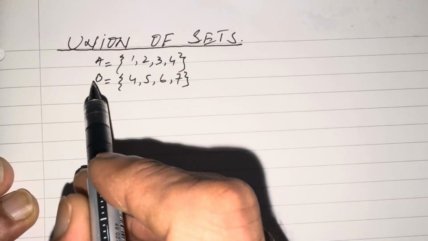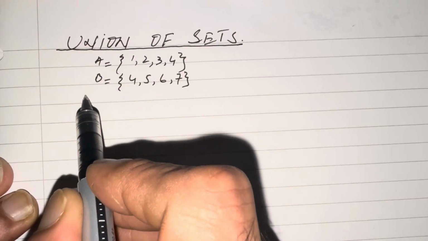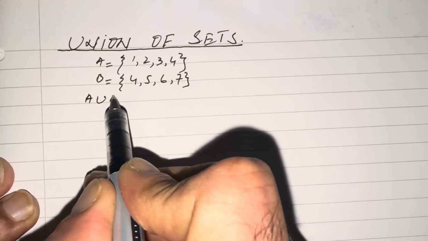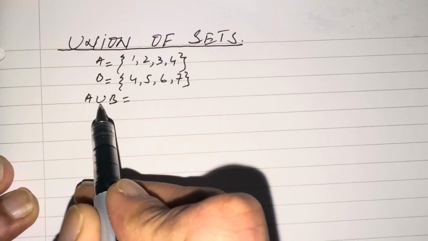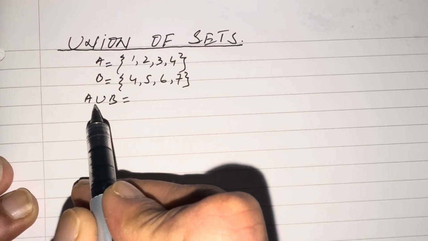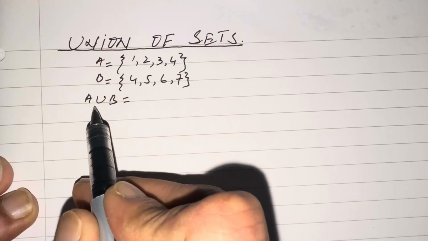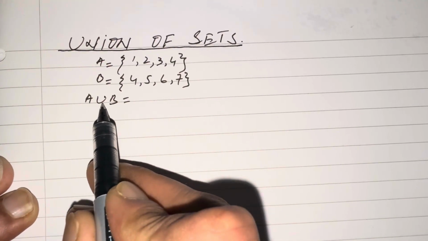The union of A and B can be written as A union B. That's the sign of the union, the U, A U B, written as A union B.